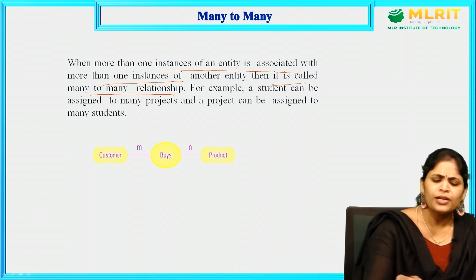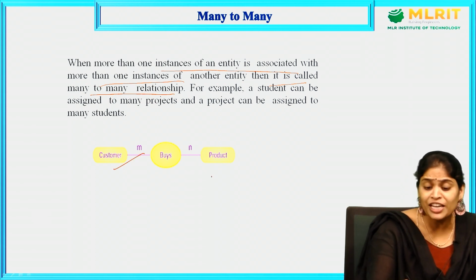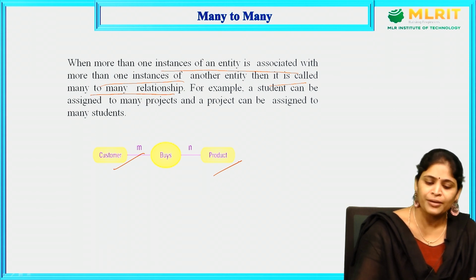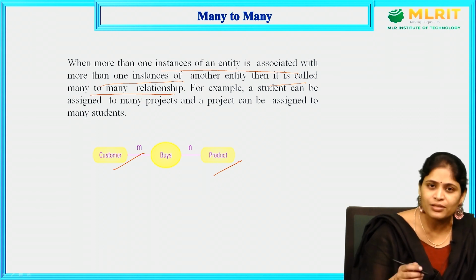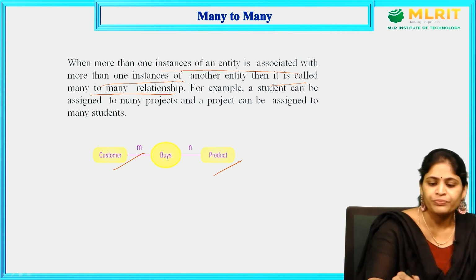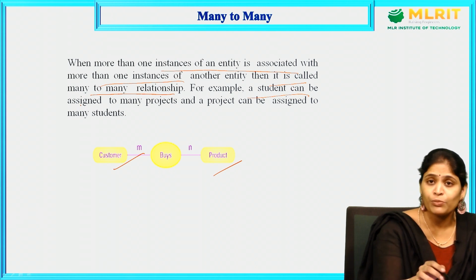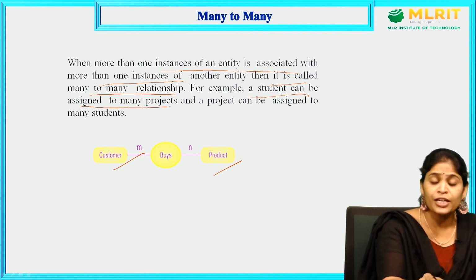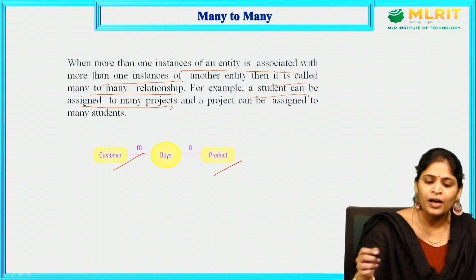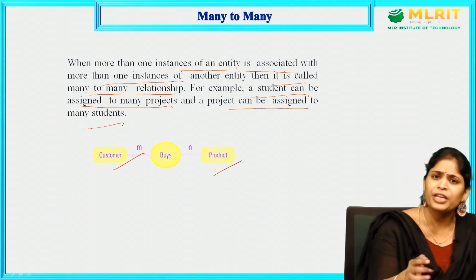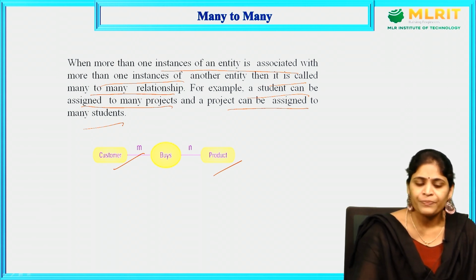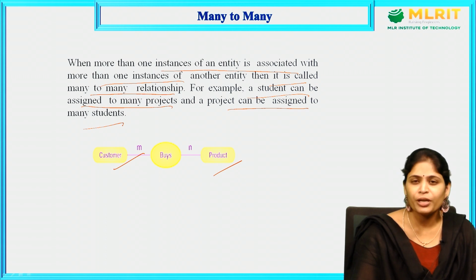For example, many customers can buy many products at a time. This is the best example that can be considered as a many-to-many relationship. And one more example: a student can do many projects, and a single project also can be assigned to many students. So that is what many-to-many relationship means.